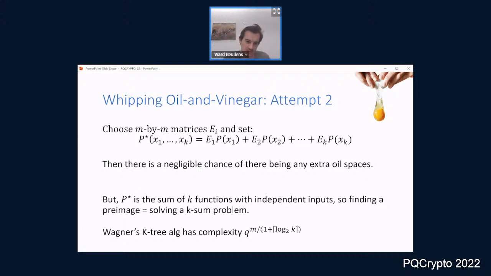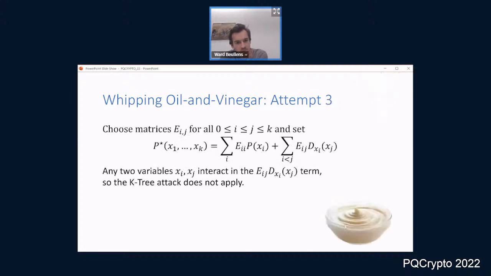Either you just accept that these attacks exist, and then you pick parameters such that this attack complexity is very big, or the other approach is to add some other terms to your P star, some cross terms that involve xi and xj to break this k-list attack, right? And you can do this in this way. You pick some more egg matrices and you add some differentials. This seems a bit ad hoc maybe, but it prevents this k-list attack.